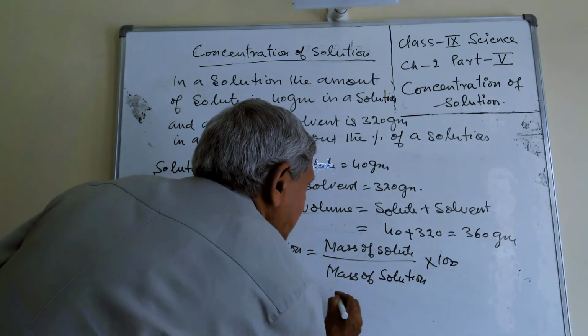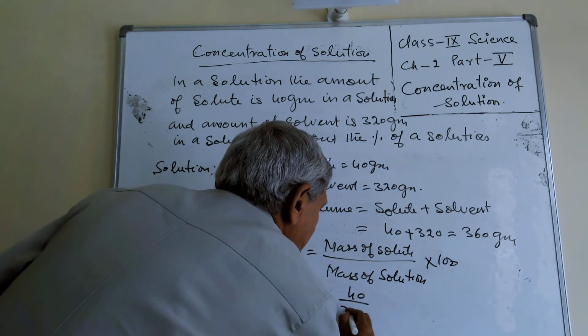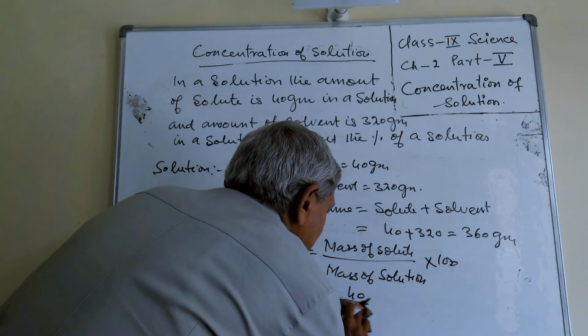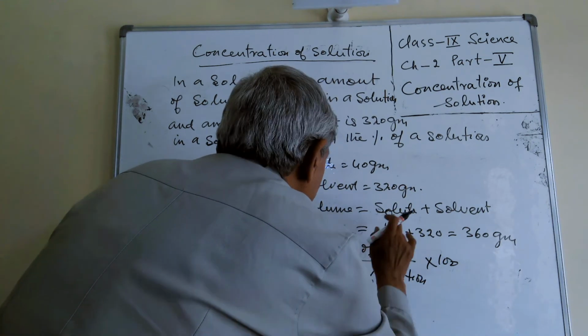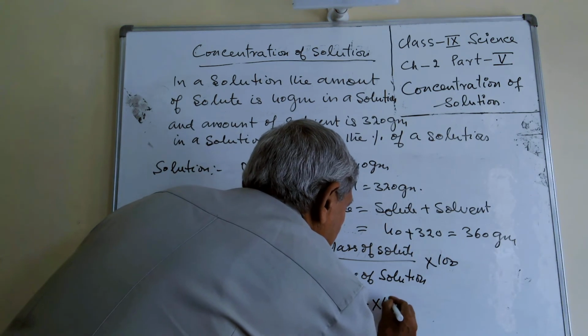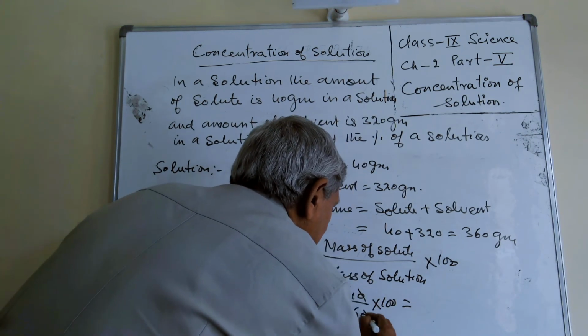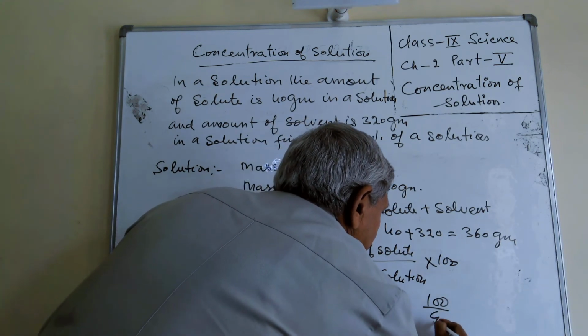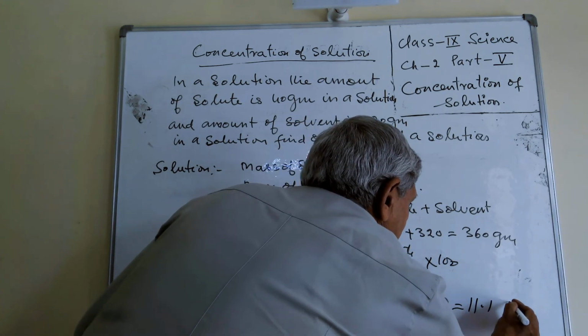Here you see, mass of solute 40 upon mass of solution 72 into 100 is equal to 55.5%.